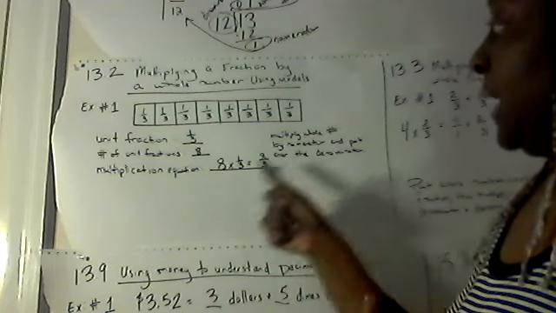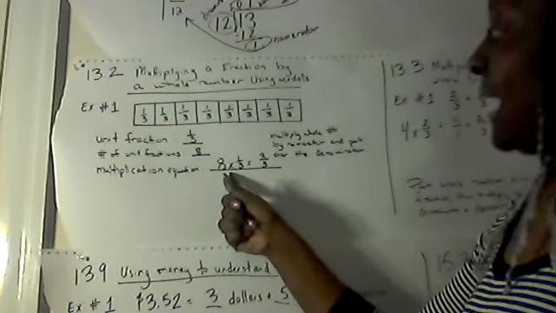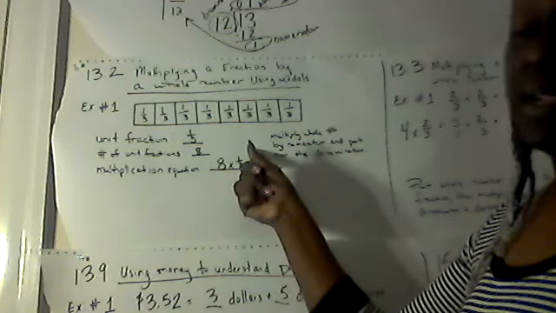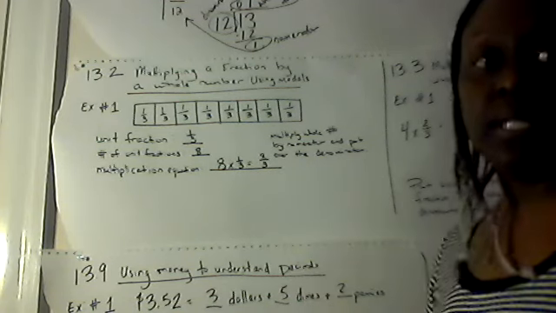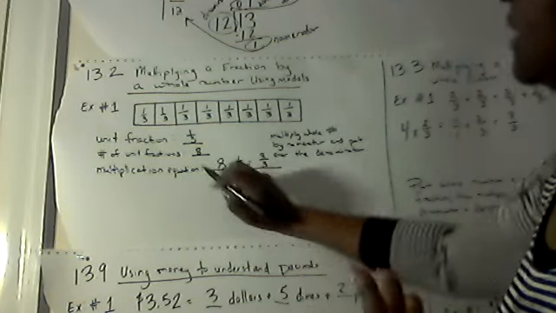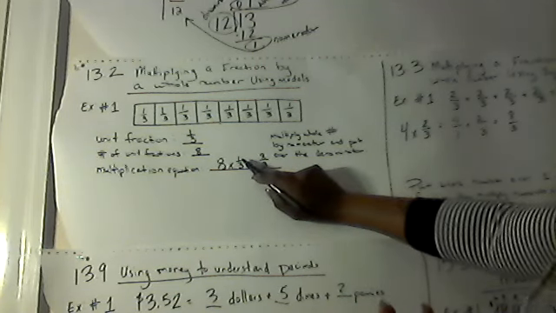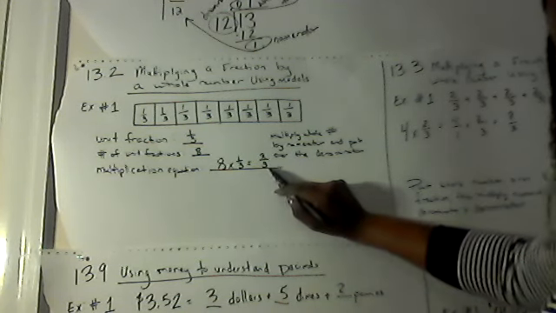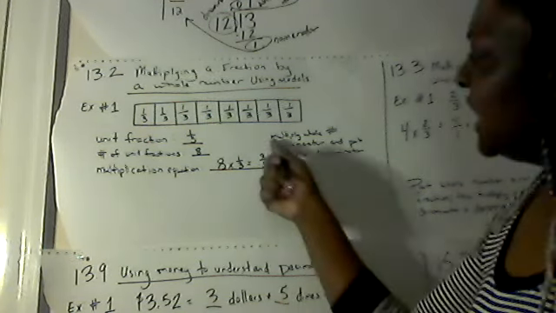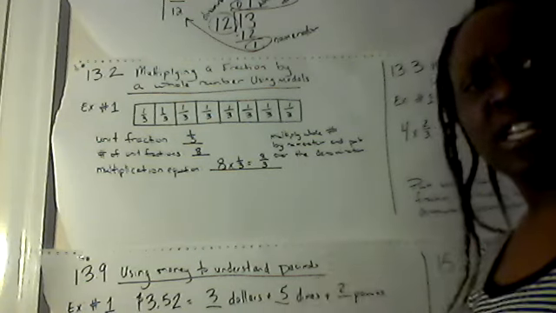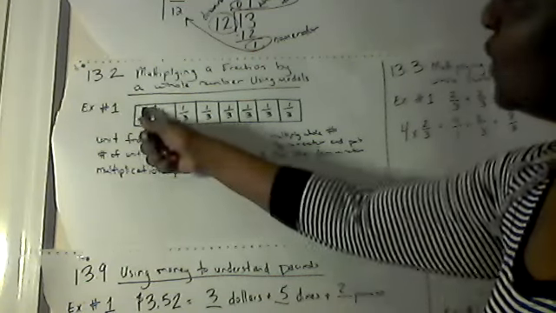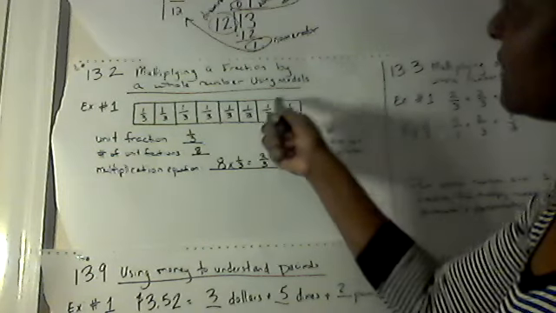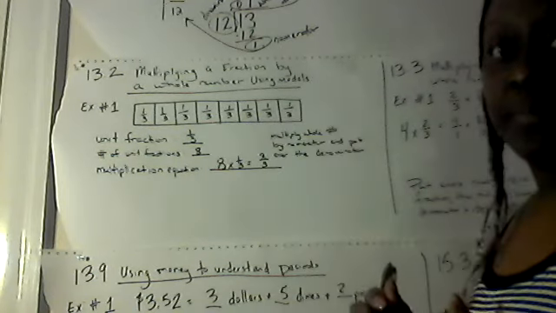You're only multiplying this whole number times the numerator and then putting it over the same denominator. So I have 8 times 1/3, which if I multiply my whole number by 1, which is the numerator, 8 times 1 is 8, and I keep my same denominator. So when I'm looking at this, it's saying I should have 8/3. And I do. 1, 2, 3, 4, 5, 6, 7, 8/3. Okay? Moving right on.